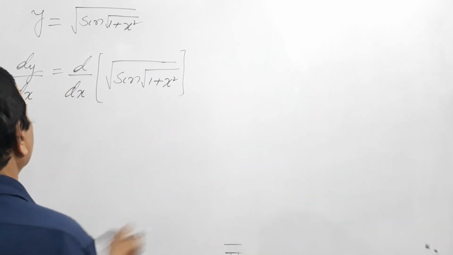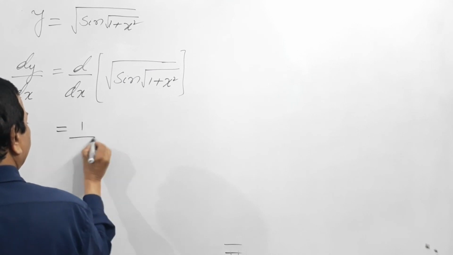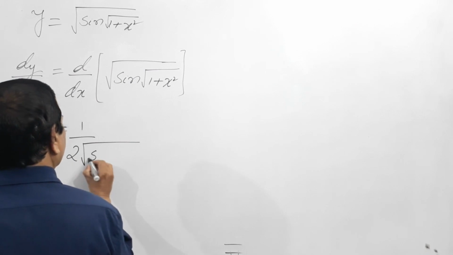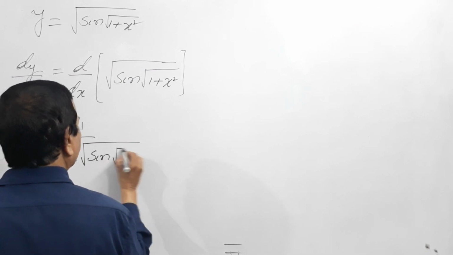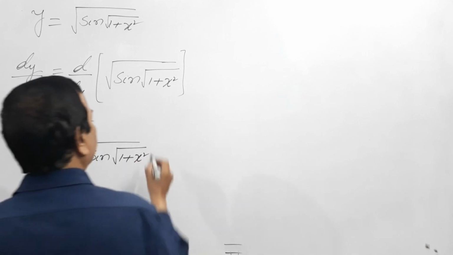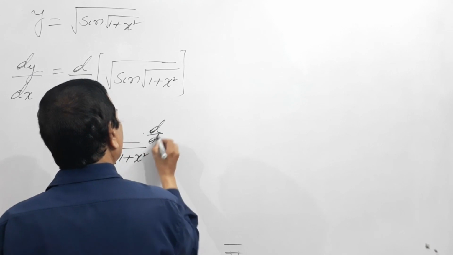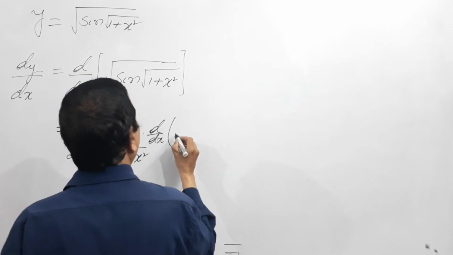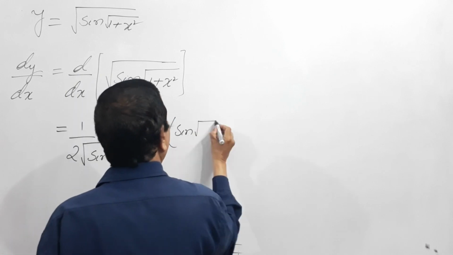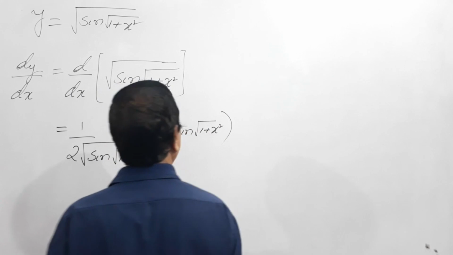First we will write half of under the root sine under the root 1 plus x square into d by dx of sine 1 plus x square.